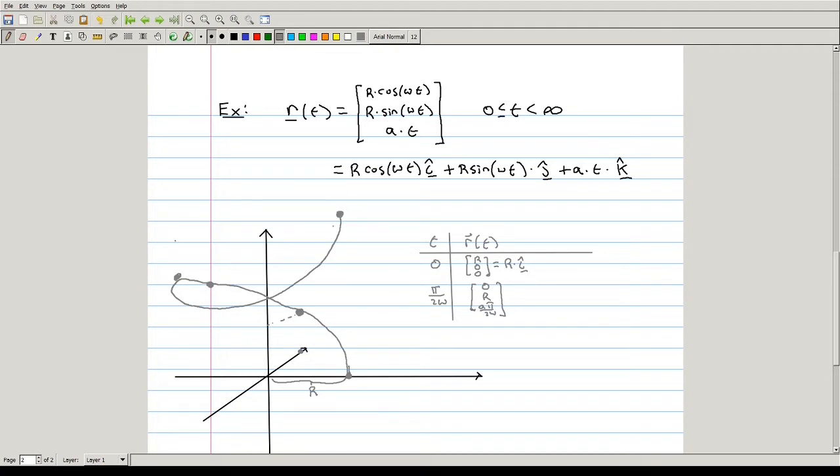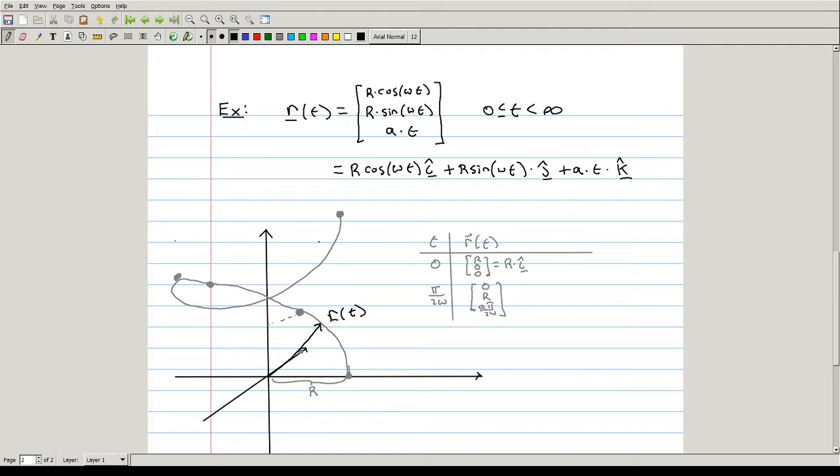Exactly like this. And what we're seeing here is that this is the shape of a helix. So this curve, this r of t, this parametric curve, is exactly the shape of a helix. I encourage you to do it for multiple different values of t, to see this for yourself.